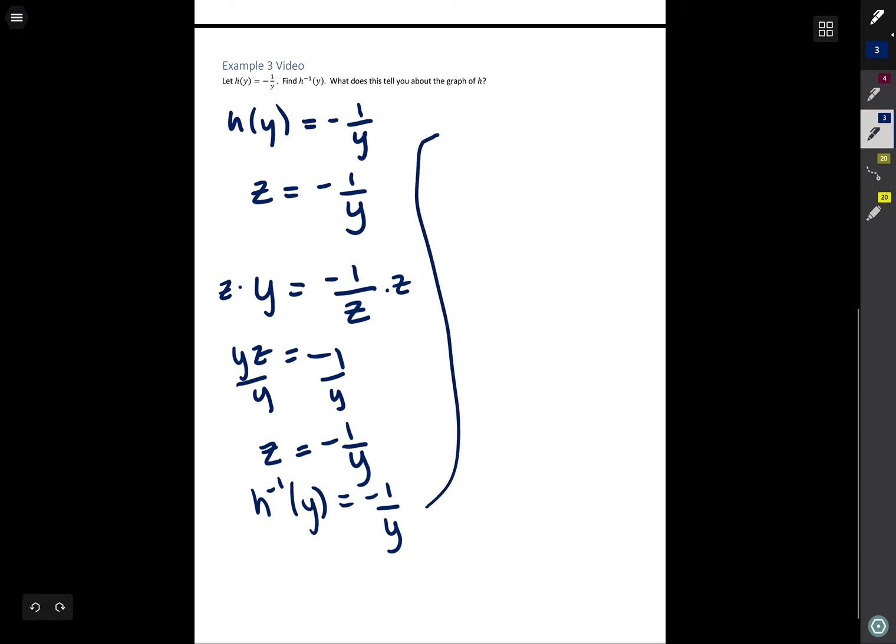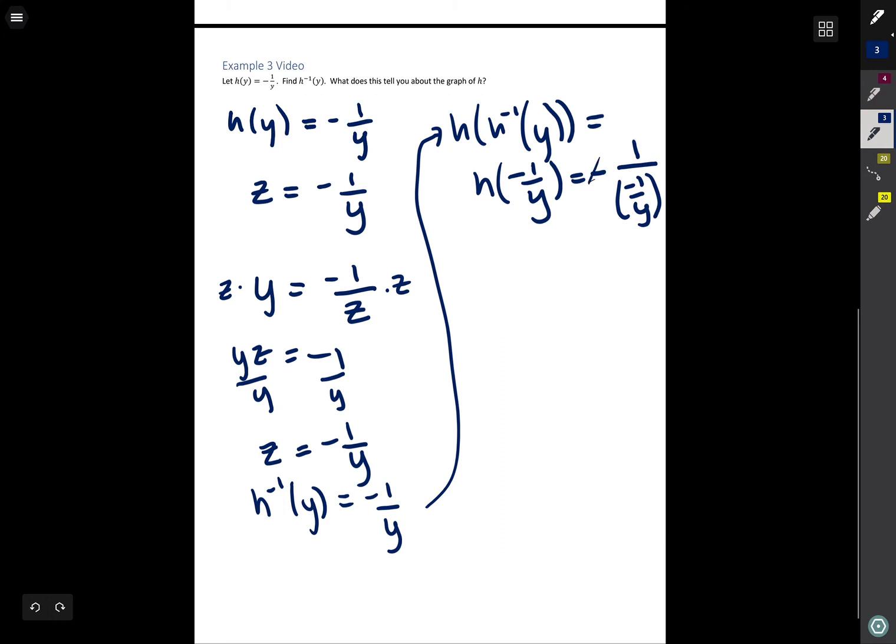So if you're skeptical, you can always check, right? You can say h of h inverse of y, or vice versa. They're going to look exactly the same. Is the same as h of -1 over y, which is h takes whatever you give it and gives you back the opposite reciprocal. So it's going to be the opposite reciprocal of -1 over y.